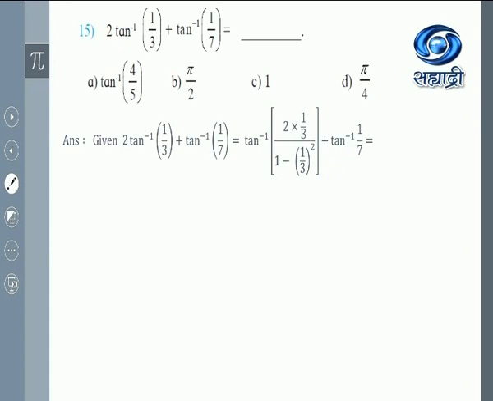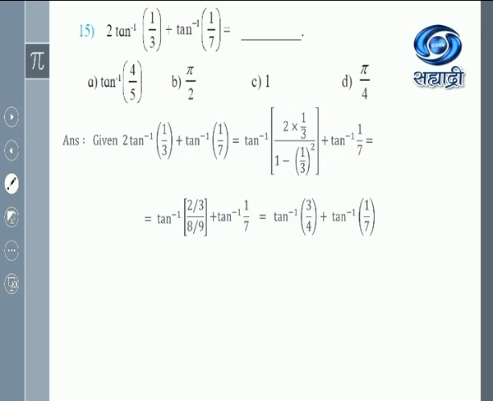Recall the formula for 2 tan inverse x: 2 tan inverse x is tan inverse 2x upon 1 minus x square. Simplify. This is equal to tan inverse 2 by 3 upon 1 minus 1 upon 9, giving you 8 by 9. This term we keep as it is.